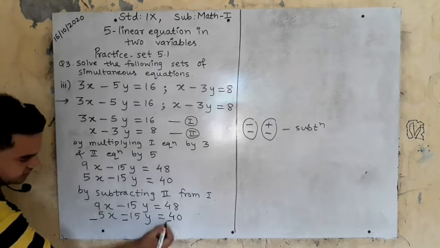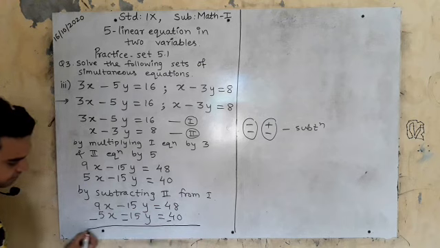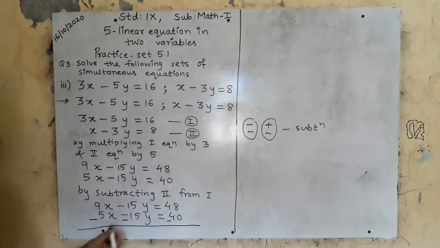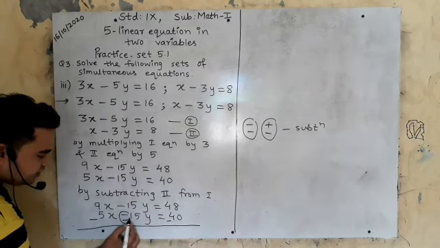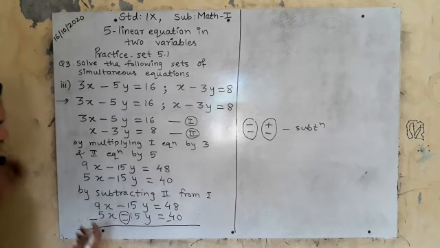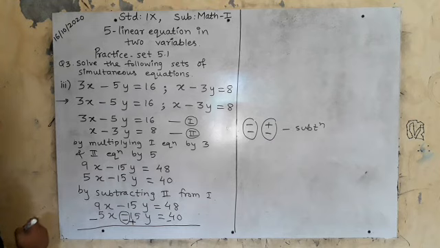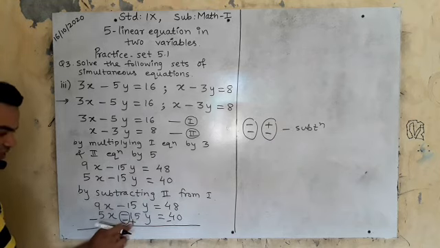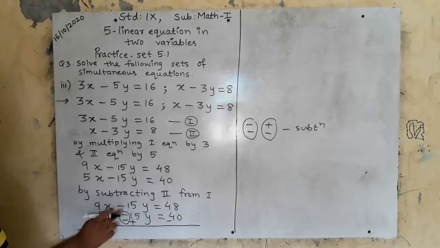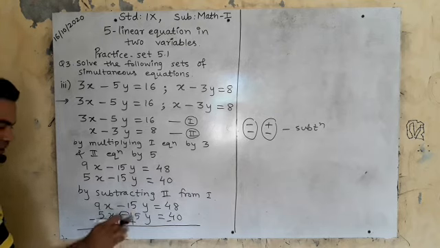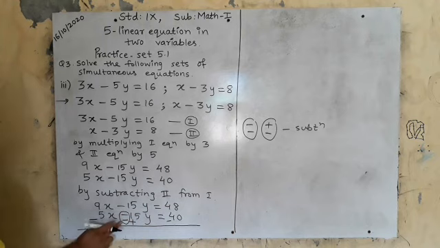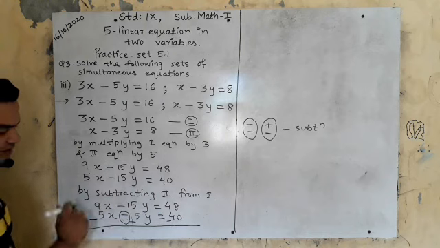Subtraction. When there are two minus signs, they fight with each other, and minus multiplied by minus is always plus. So the above one is minus 15y and the lower one is plus 15y. Why? Because this minus is fighting with this minus, so minus multiplied by minus is plus.